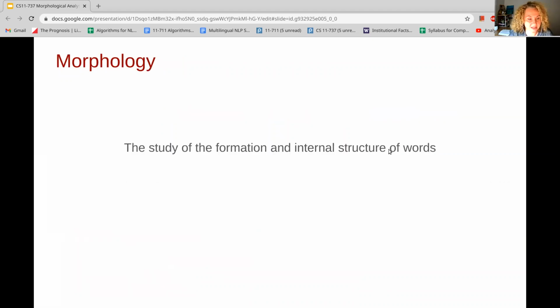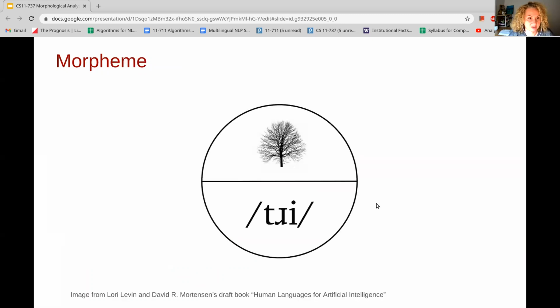Now, words themselves are not atoms, they have internal structure. And morphology is the study of the formation and internal structure of words. As you can see in this drawing, a fundamental concept in morphology is that of the morpheme. A morpheme is a minimal pairing of form and meaning. By form, we mean the sequence of sounds, like at the bottom of this drawing, tree.